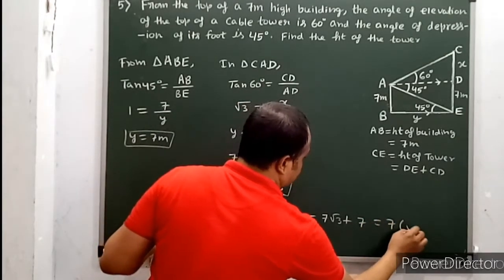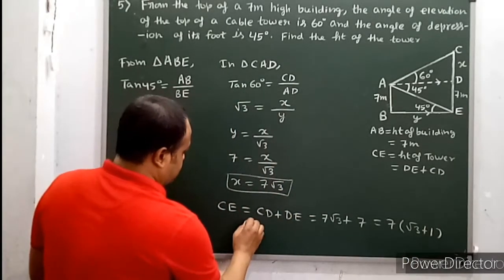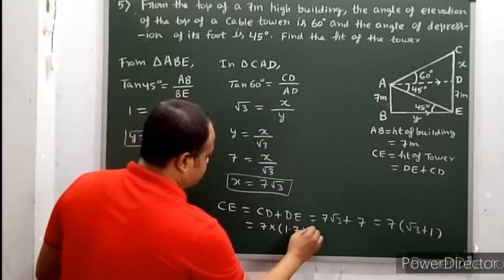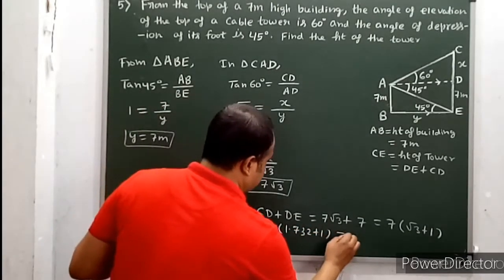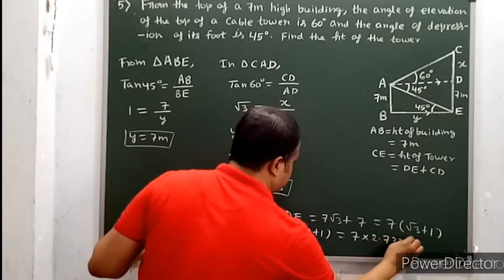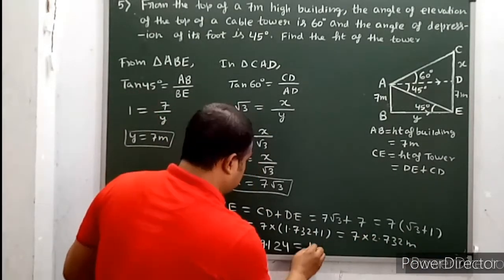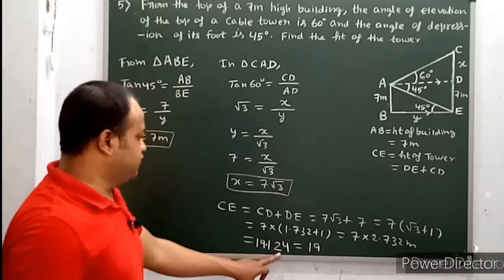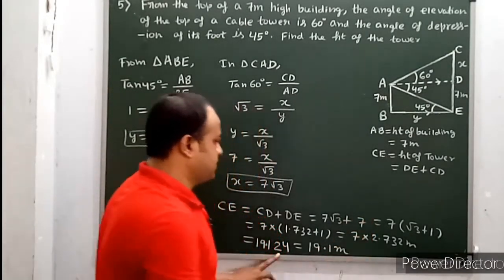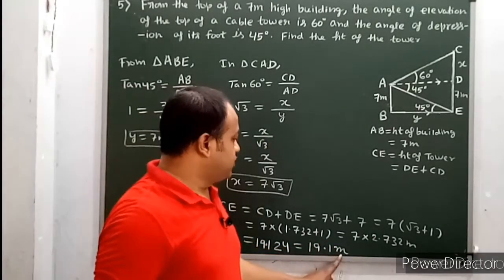If you take 7 common, we get root 3 plus 1, that is 7 into 1.732 plus 1, that is 7 into 2.732 meter. If we solve it, we get 19.124 meter, that is 19.1 meter approx. Therefore, the height of the tower is 19.1 meter.